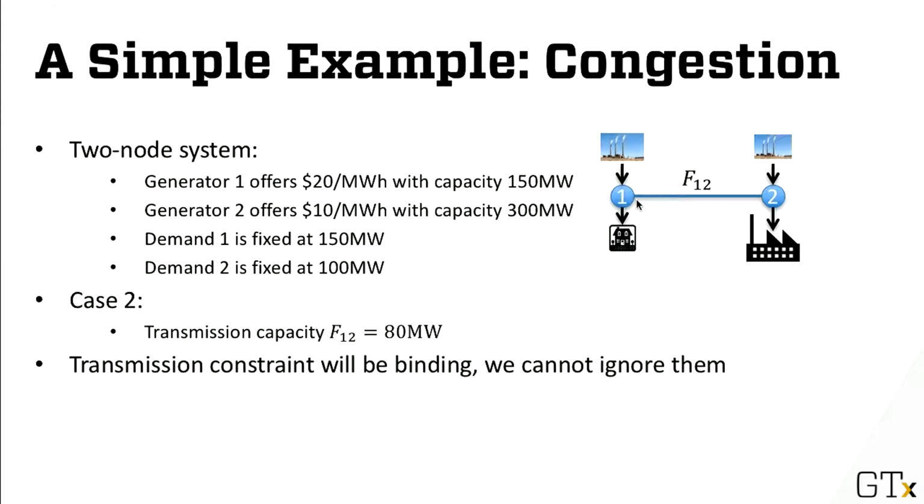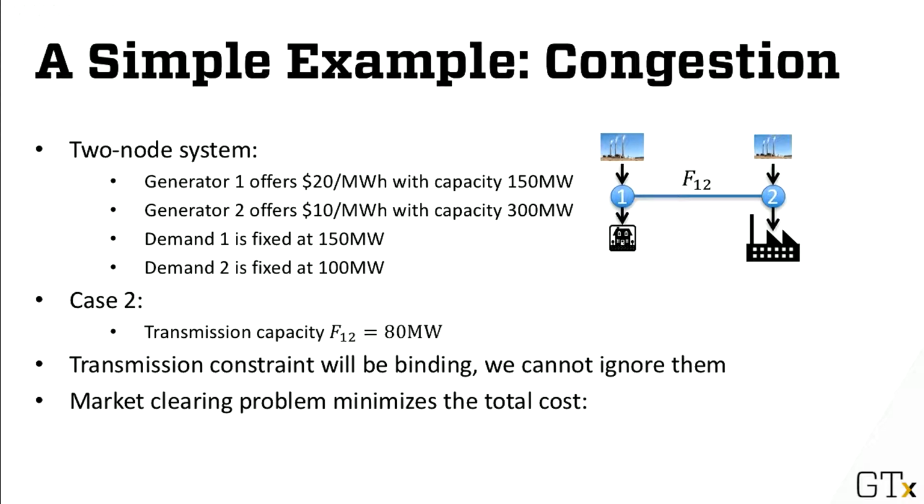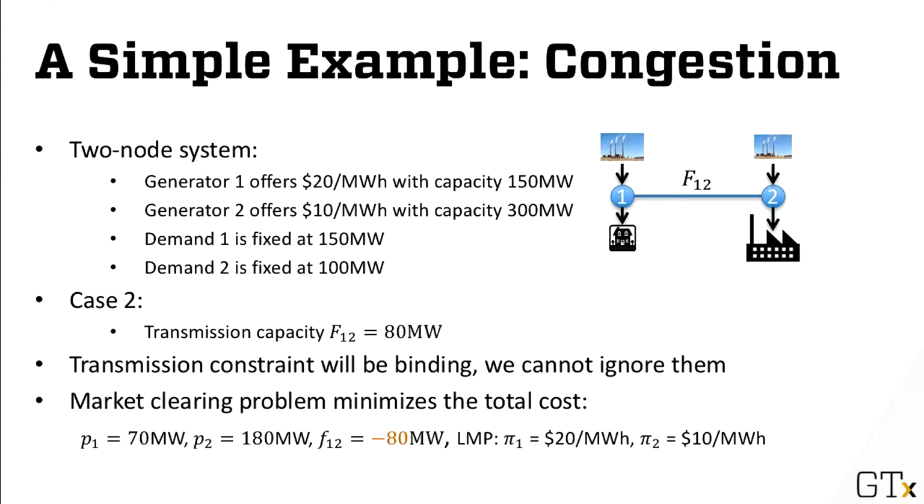So we cannot ignore the transmission constraint, and the market clearing problem will give this solution, which we can also look at in the graph and data and figure out. Because generator 2 here is again the cheaper generator, we'll use it as much as possible to supply all the load here, 100 units. And then we still have capacity, so we're going to start supplying load at node 1.